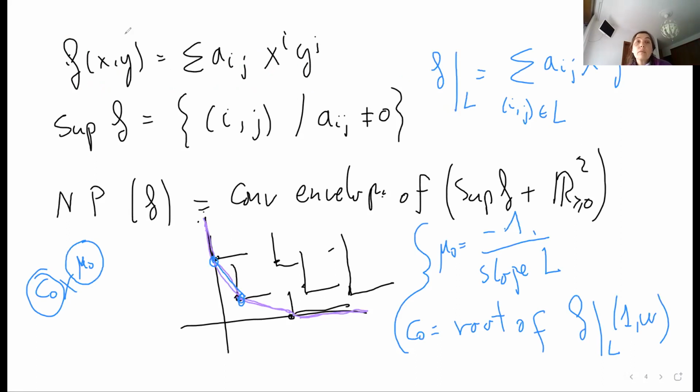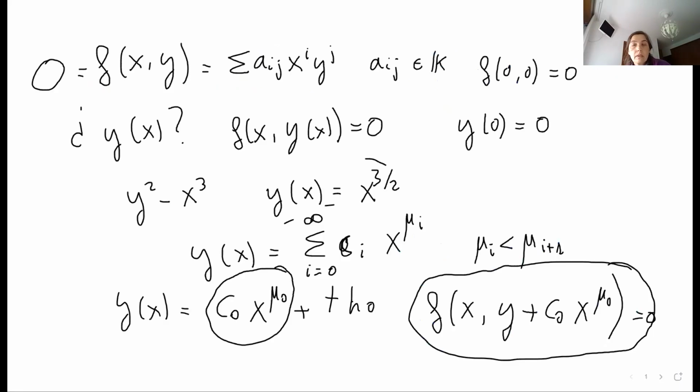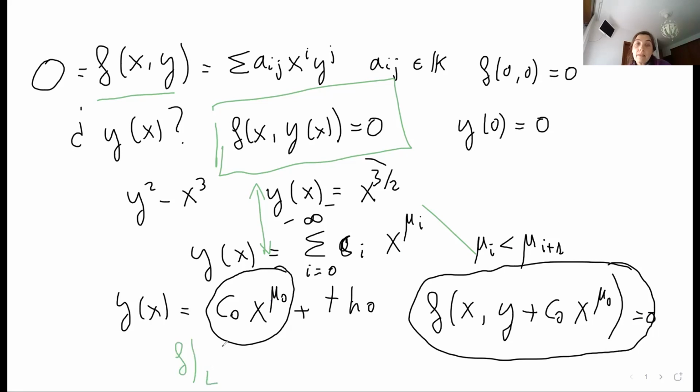We start looking for a solution of f(x,y), and what we get is that the first term is going to be a solution of f restricted to some side.